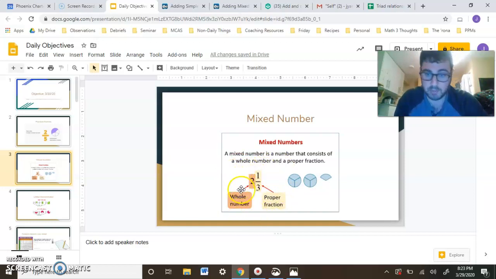So ambos un número entero y una fracción normal. So these two together represents a mixed number. So like here we have 1, 2, that represents that whole number, and 1/3, which represents this. In total, 2 and 1/3, that's our mixed number.